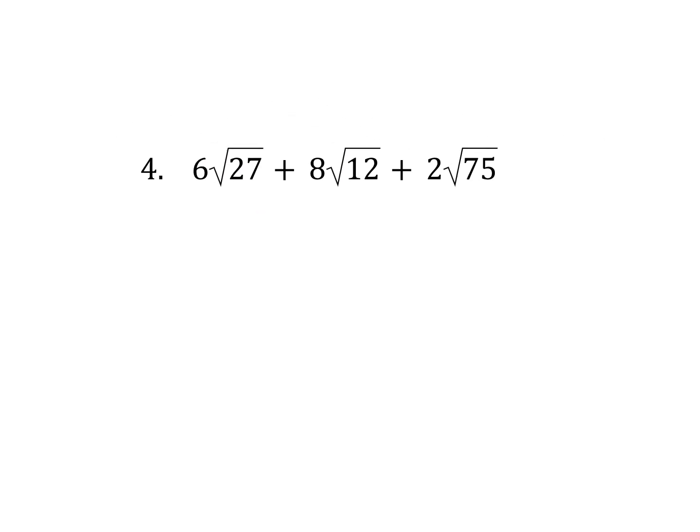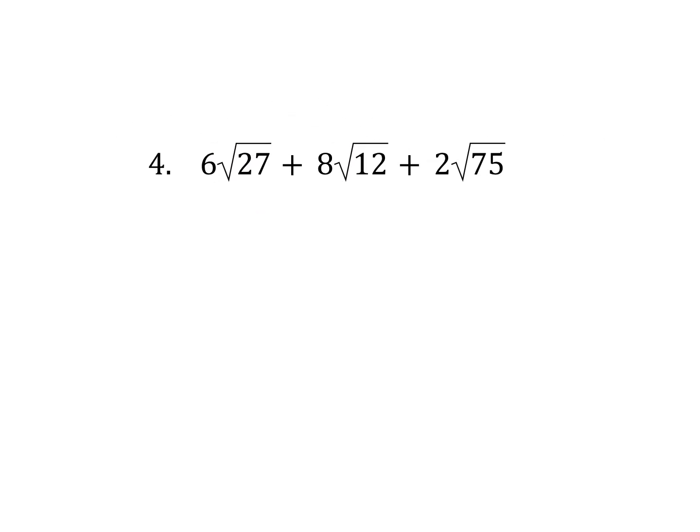Okay, so let's look at number 4. Just like how we tried on number 3 to break them up, and we couldn't, on number 4 we can break these up. 27 is an odd number, so I'm going to say 3 and 9. And 9 is also an odd number, so I'm going to say 3 and 3. And I just divided all those out. Okay? So now I'm going to take my pair.